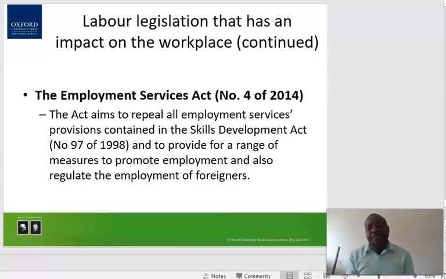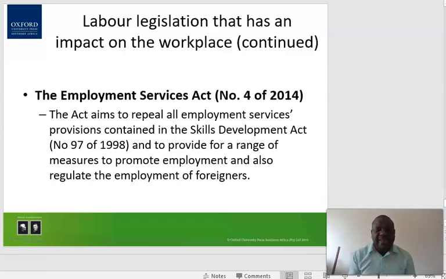The Employment Services Act is also another act which has an aim to repeal all employment services provisions contained in the Skills Development Act of 1998, and to provide for a range of measures to promote employment and also regulate employment of foreigners.